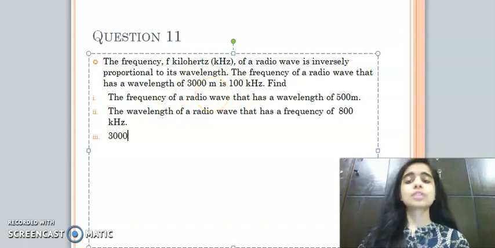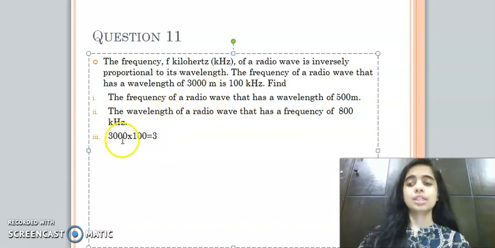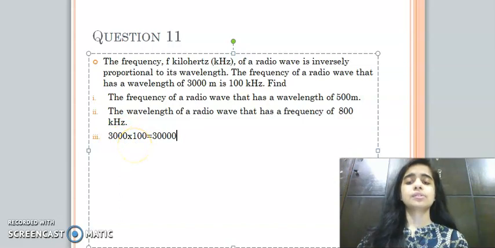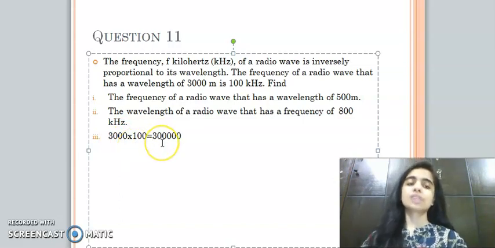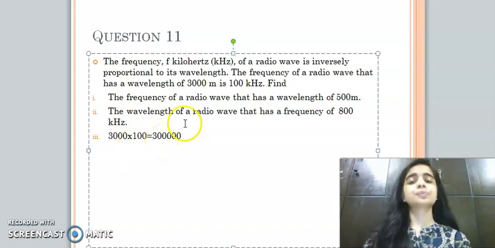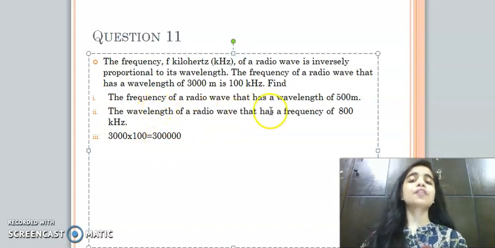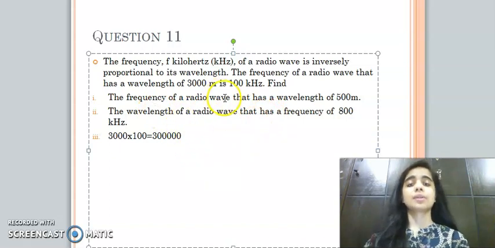So 3000 multiplied by 100. This will give me 300,000.